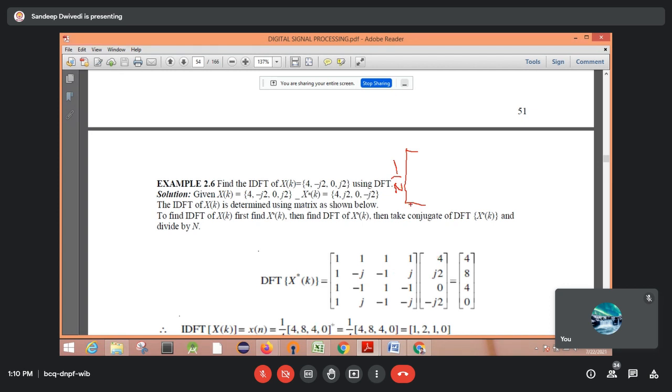We will check whether it is adjusted or not. So 1 by n, then what is your DFT twiddle factor matrix? That is all the 1 1. Then 1j 1j, second column is 1j 1j, like this. Then the third column has all the values 1 1.